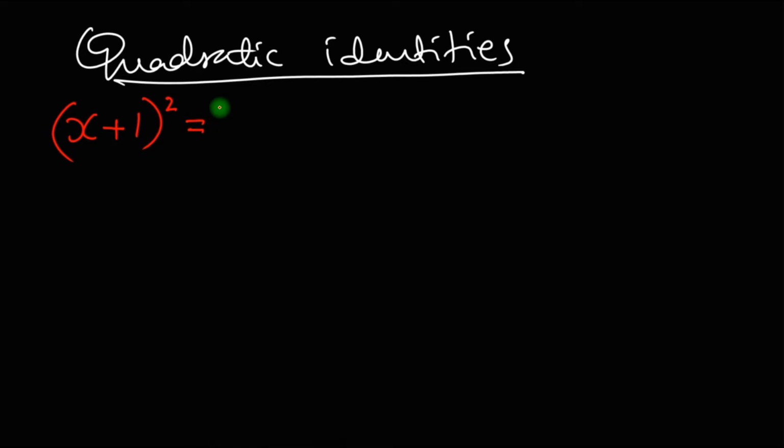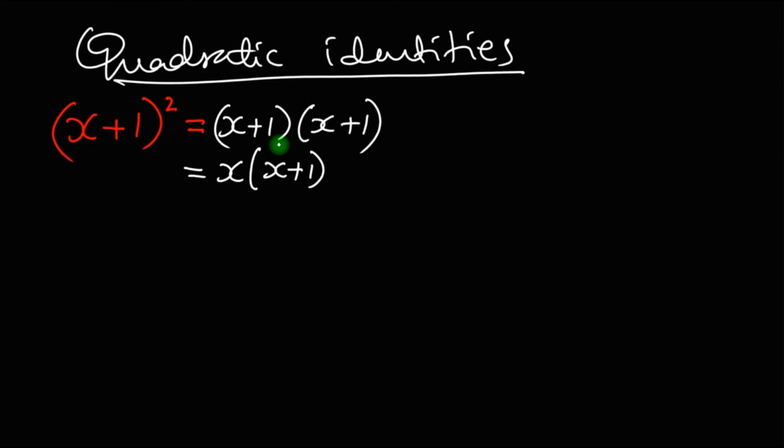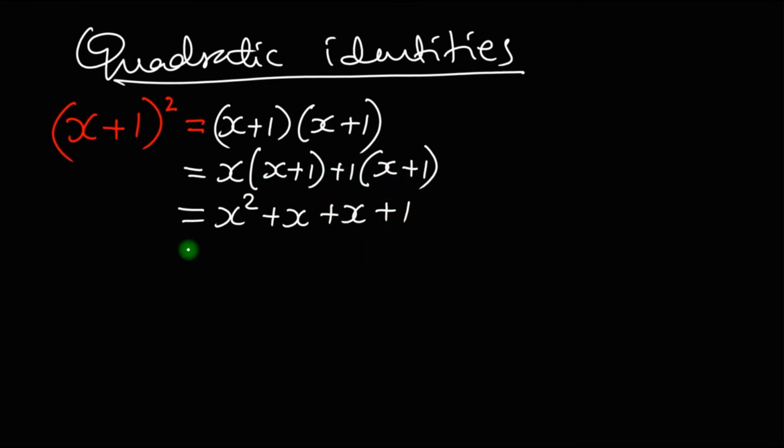In the expanded form, this will be the same as x plus 1 multiplied by x plus 1, which will be the same as x multiplied by what is in the second bracket, then plus 1 multiplied by what is in the second bracket. So we end up getting x squared plus x plus 1, which is x squared plus 2x plus 1.